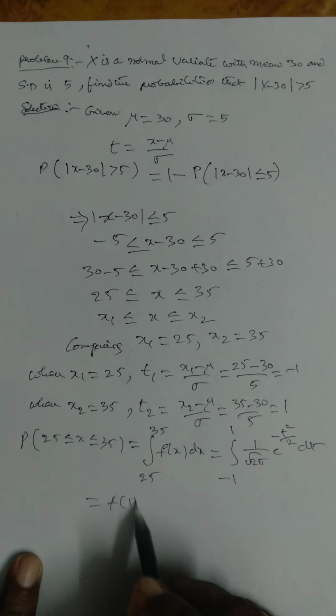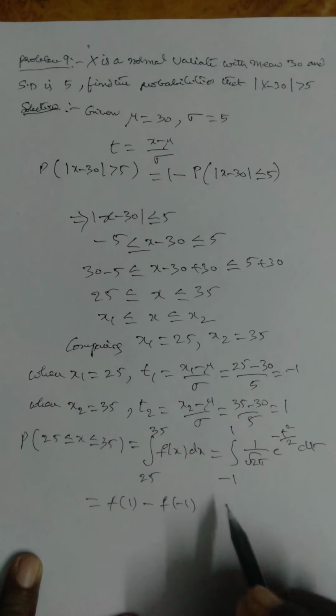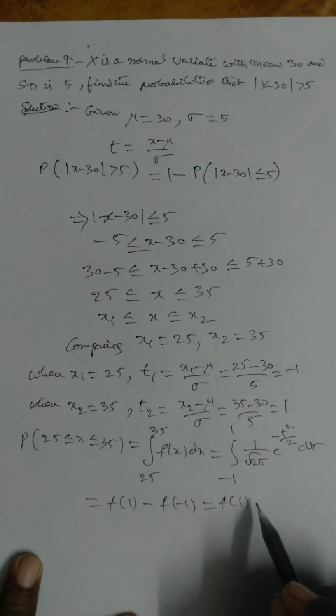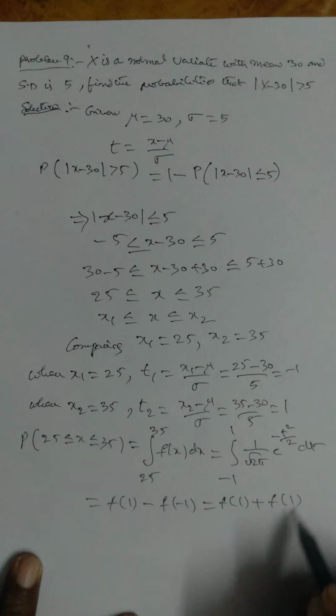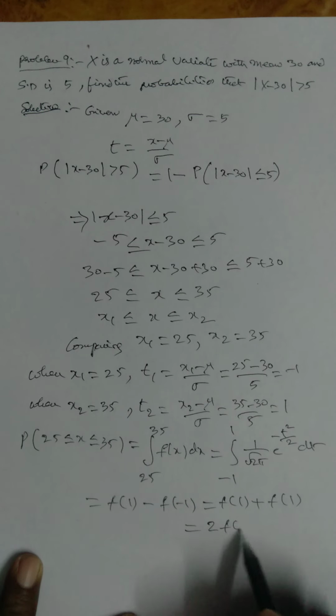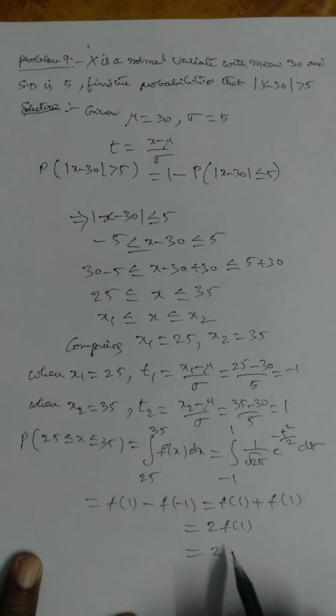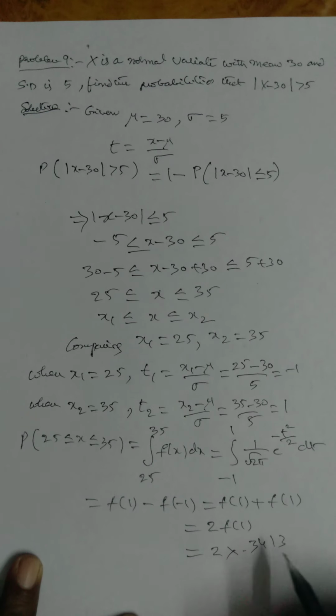F of 1 minus f of minus 1, which is f of 1 plus f of 1, 2 into f of 1. What is your f of 1 from tables? From tables, f of 1 is 0.3413.